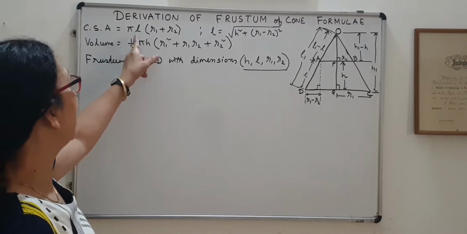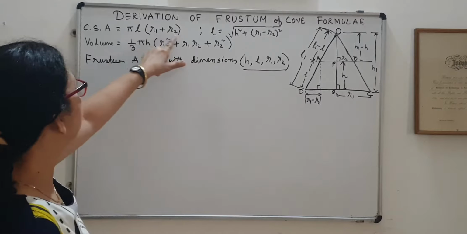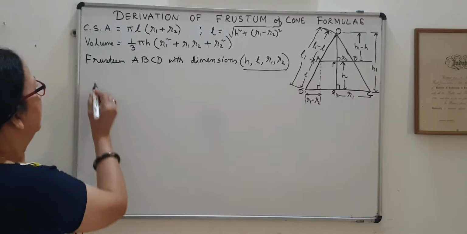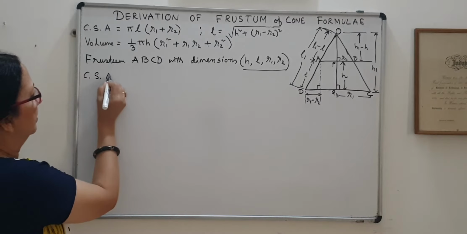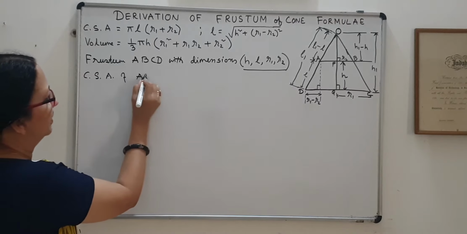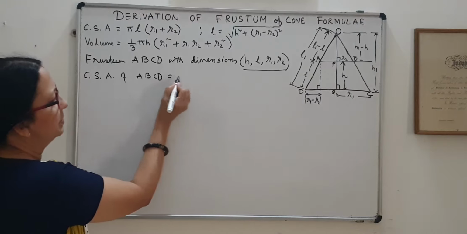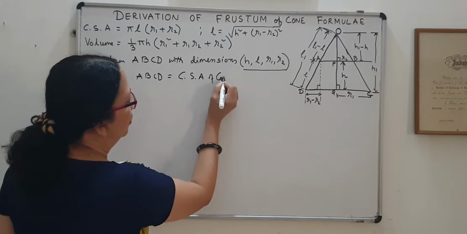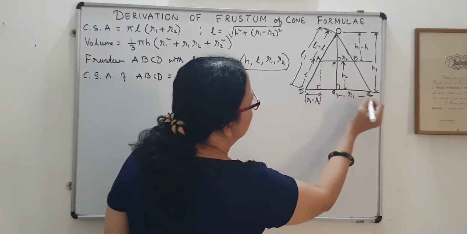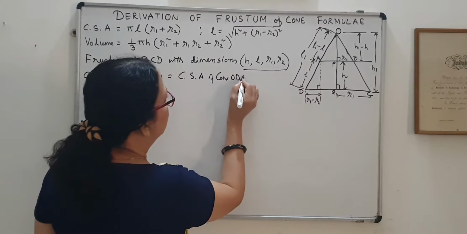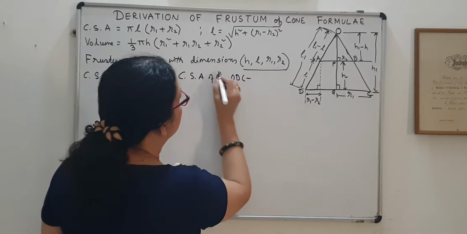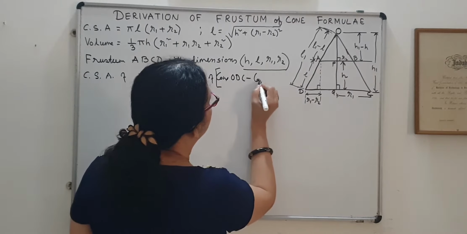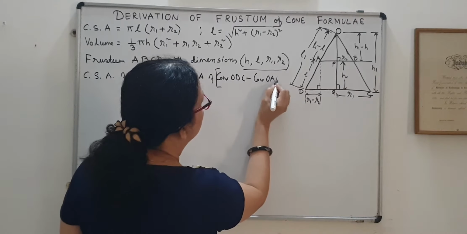CSA means curved surface area of the frustum of cone. So for that what we do, CSA of ABCD frustum is nothing but CSA of the bigger cone ODC minus CSA of cone OAB.